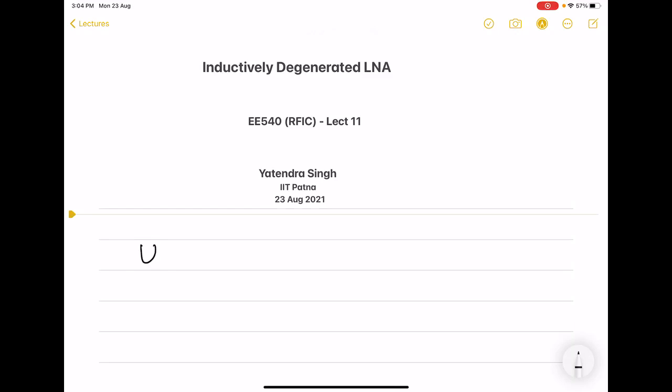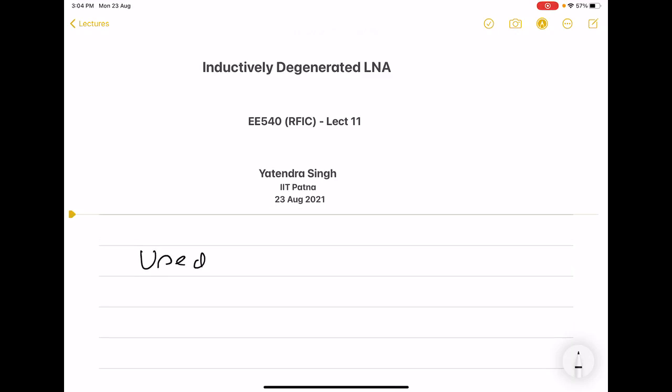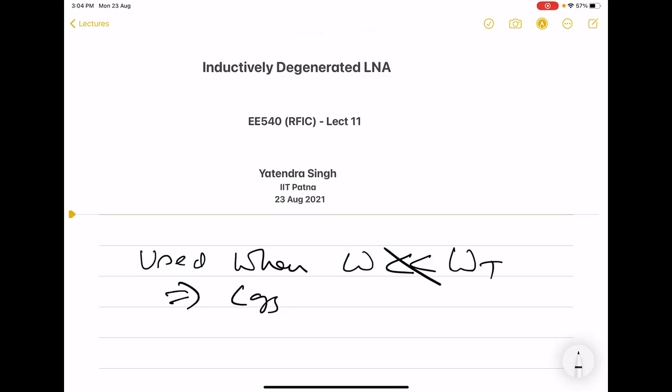So this one is used when omega is not very small compared to the threshold frequency. So this implies CGS is not 0. It cannot be taken equal to 0. It has to be included into the small signal model of the MOS.